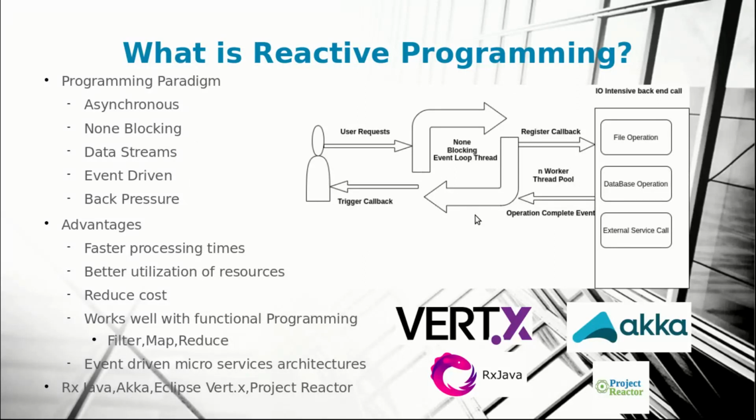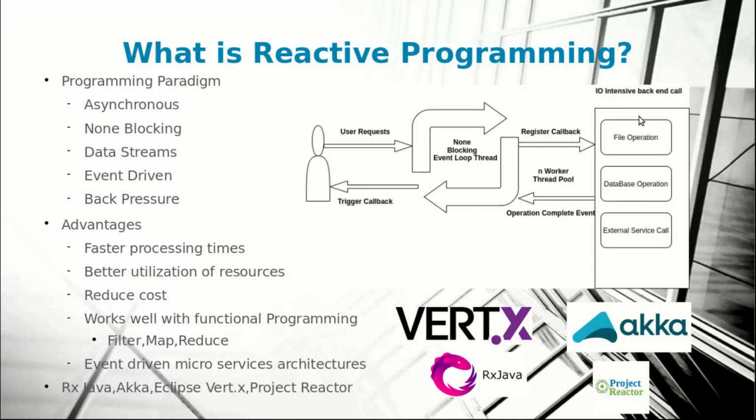Now on your right side you can see a diagram which depicts a potential architecture based on reactive programming for a web server. So you have a non-blocking event loop thread, right? And you have the backend services which are running inside the web server to invoke various backend calls.